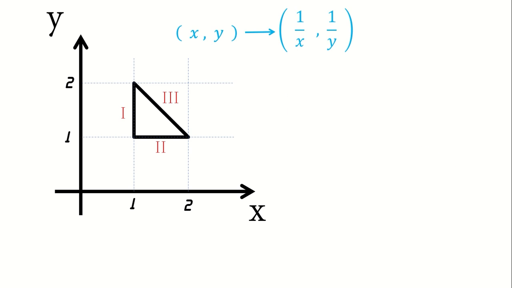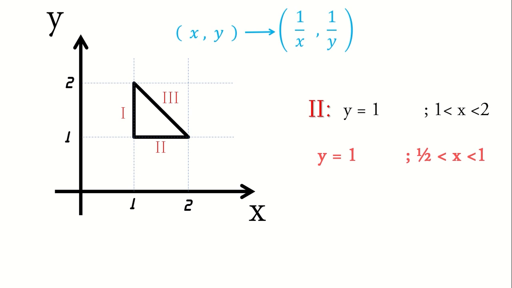So we can draw the line. And for the second length, we have y is equal to 1, and 1 over y is also equal to 1. So y is equal to 1, but x is changed to between 1 half and 1.